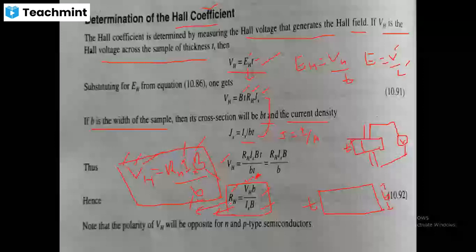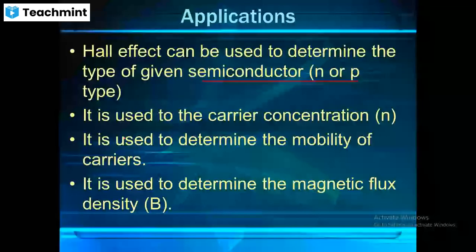If RH is positive, the given material is P type. This is how, by doing the experiment, one can identify the type of the given semiconductor, whether it's P type or N type, right? Then the second application is what?